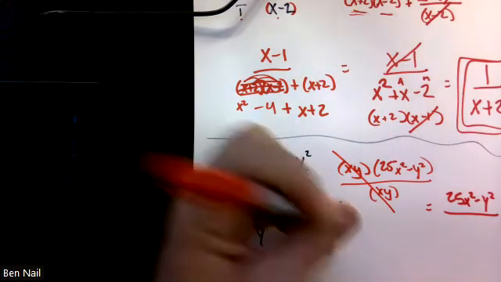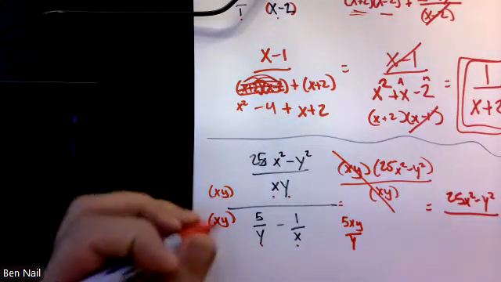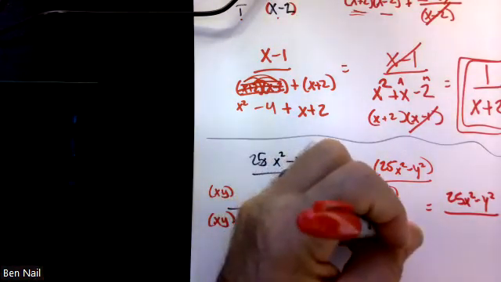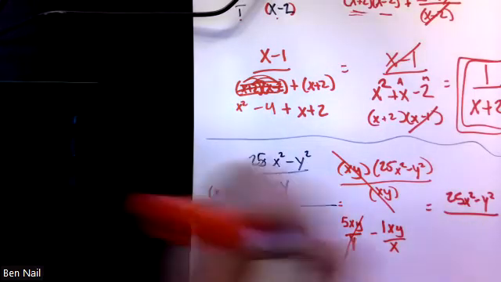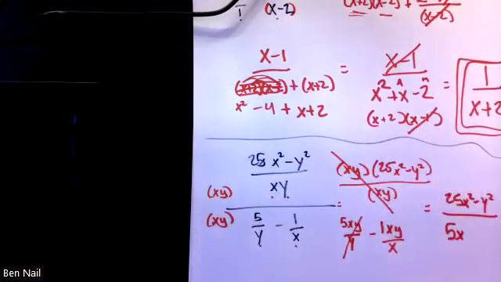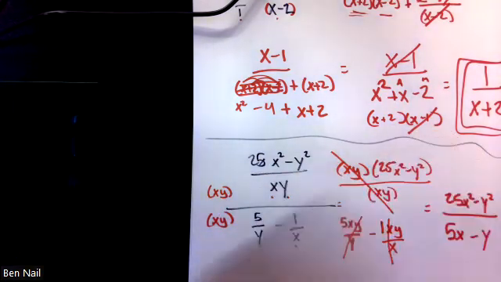Multiply here, we'll get 5xy over y minus 1xy over x. Again, this is all multiplying, so those y's cancel, leaving me with a 5x. Those x's cancel, leaving me with a 1y.